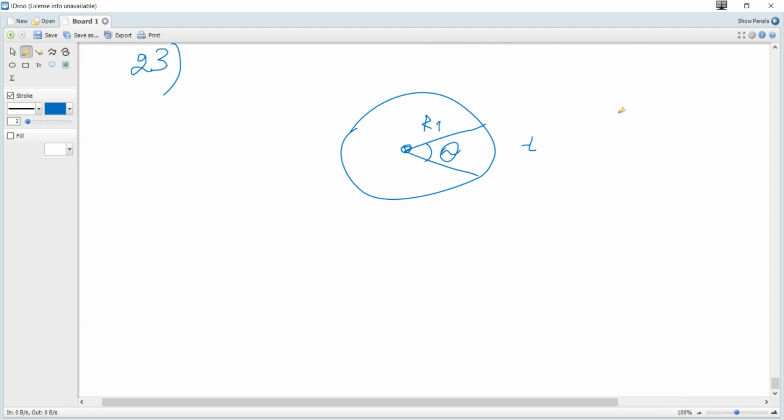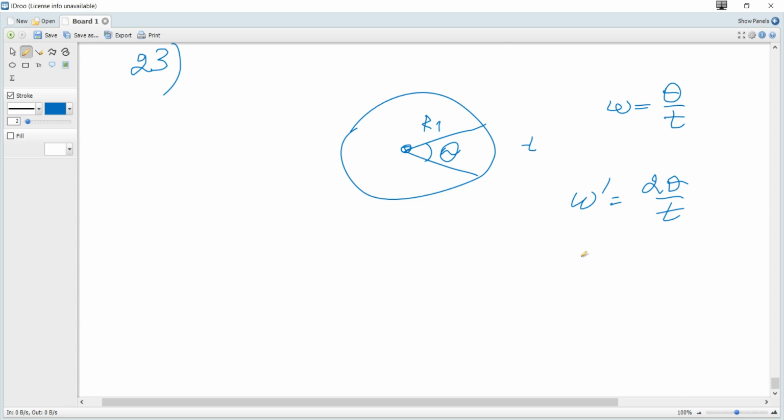So angular speed is what? Theta over t. The string tension is kept constant, but the angular displacement of the mass is increased to 2 theta in time t. So angular speed or angular frequency should be increased by 2.